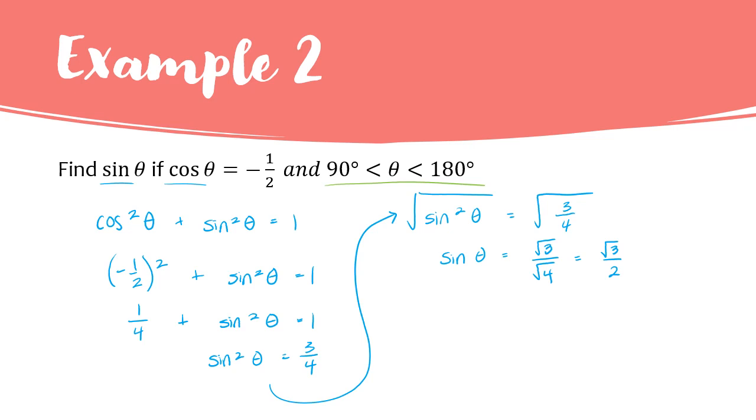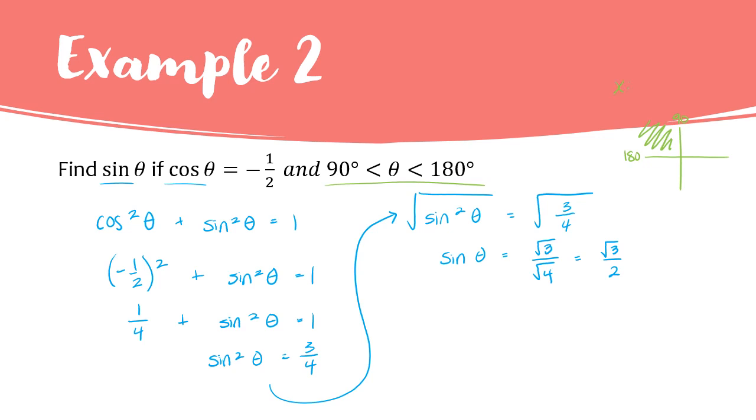So this time it's between 90 degrees and 180 degrees. Again, let's just sketch out our quadrants. 90 degrees and 180 degrees, we're looking at quadrant 2. In quadrant 2, what's the sign of our x and our y coordinates?